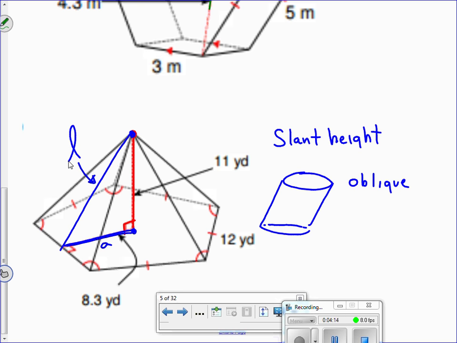The reason I'm bringing that up is because the height of this cylinder is still measured perpendicular from the base to the other base. That's no big surprise. But I hope you realize the side of the cylinder is no longer the same length. So this length right here, guess what it's going to be called? I hope you guessed: a slant height.